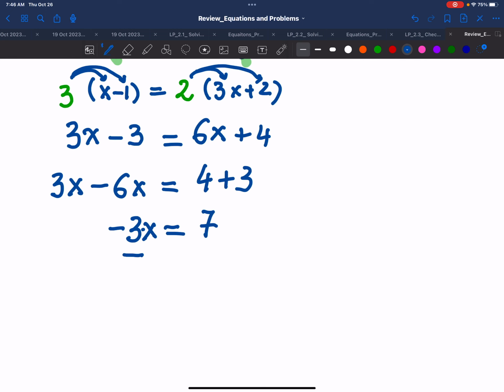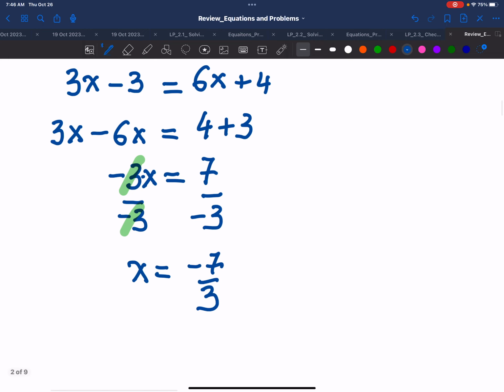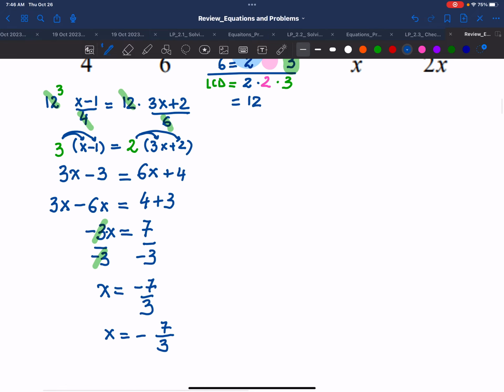So divide both sides by negative 3 to isolate x. And x would be equal to, remember these two will divide to 1, right? Negative 7 over 3. Now remember that if we have a positive divided by a negative, it's the same as a negative divided by a positive, and it's also the same as having a negative right in front of the fraction, 7 over 3.